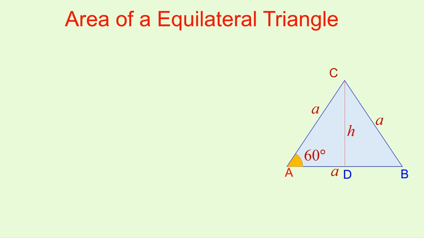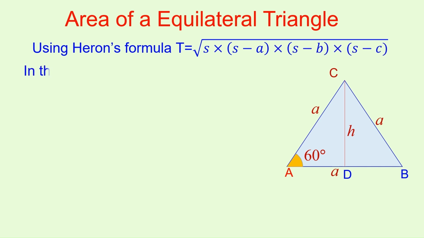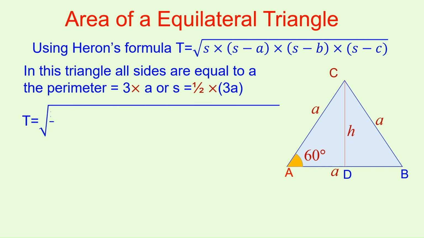Area of an equilateral triangle. Using Heron's formula, T equals square root of S times (S minus A) times (S minus B) times (S minus C). In this equilateral triangle, all sides are equal to A. The perimeter equals 3 times A, and S equals 1/2 times 3A.